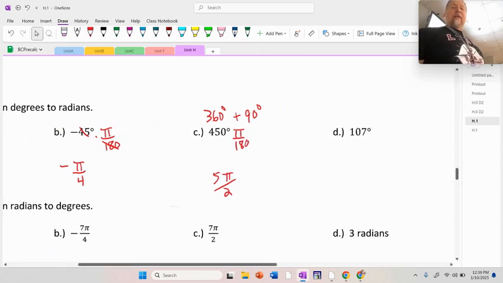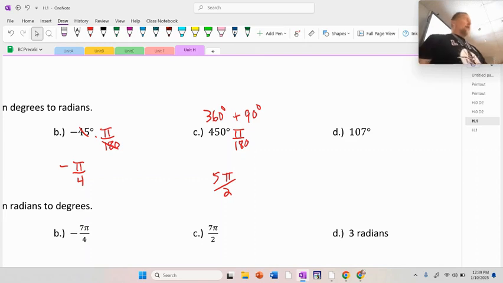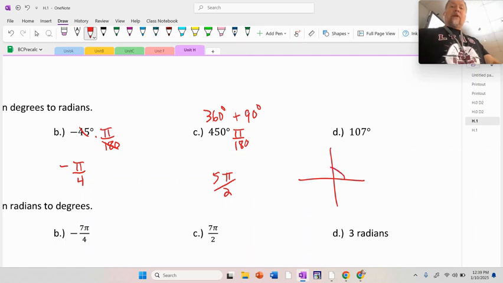Okay, now this is what I really love. 107 is not one of those unit circle, nice, perfect values. Get your calculator out, and then I'm going to blow your mind. Before this, though, don't you agree that 107 degrees is like right here, right? What do you expect before you touch any buttons on your calculator? How many radians do you expect? Is it going to be greater than or less than 1?